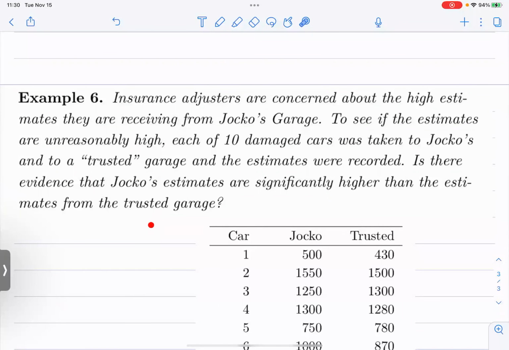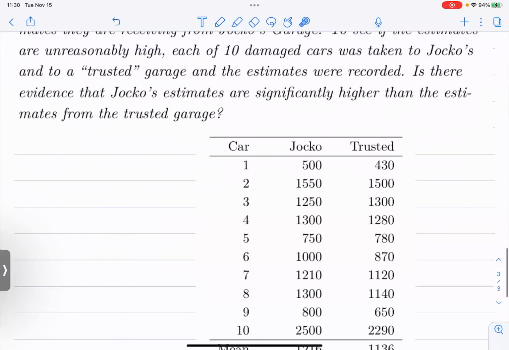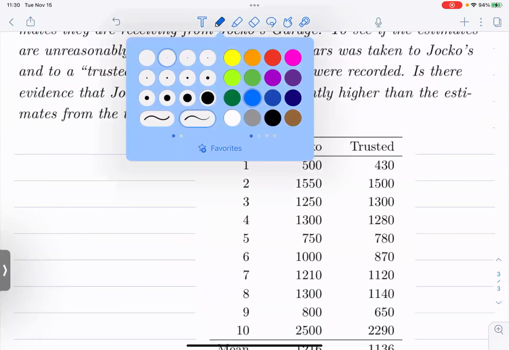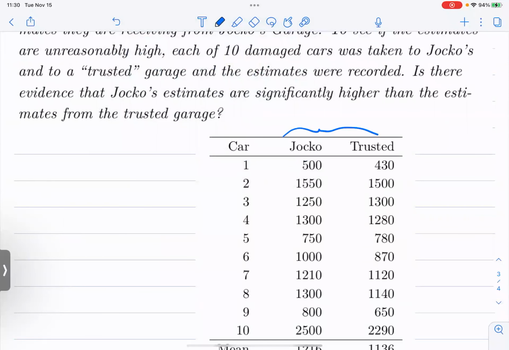Okay. So now we have two samples here. We have a sample of estimates from Jocko's Garage, and we have a sample of estimates from the trusted garage, but we're also looking at estimates of car number one, but twice.